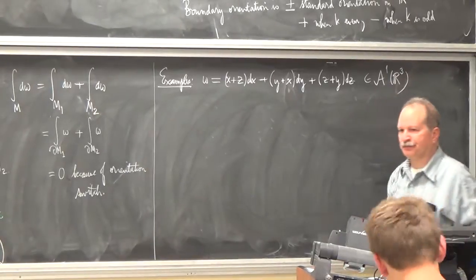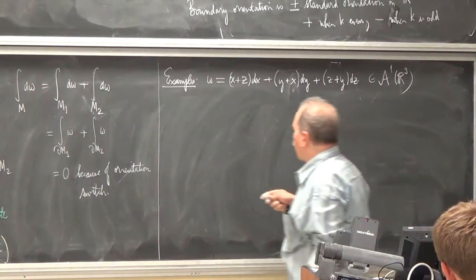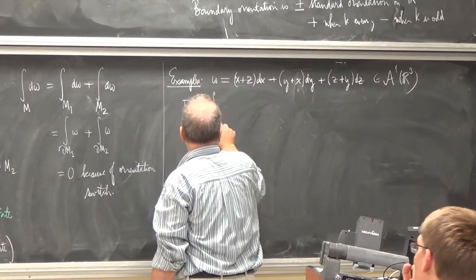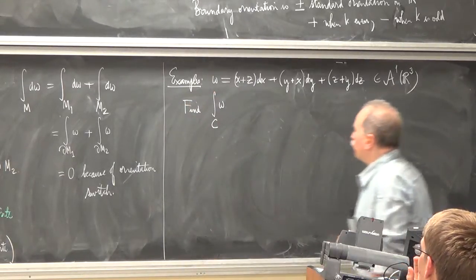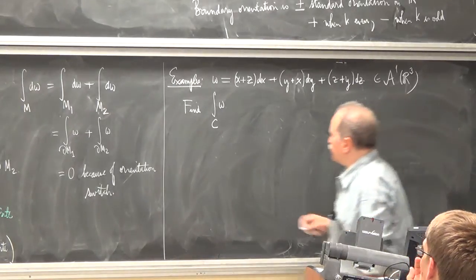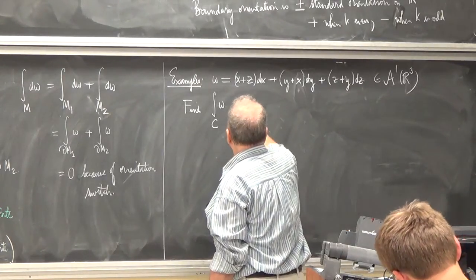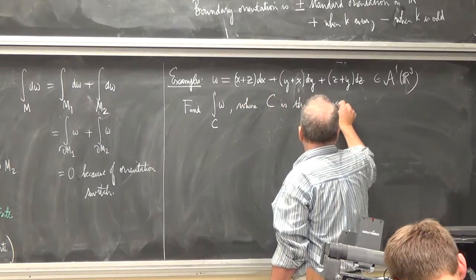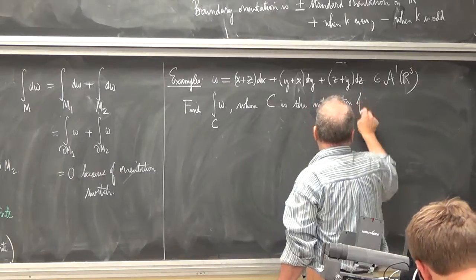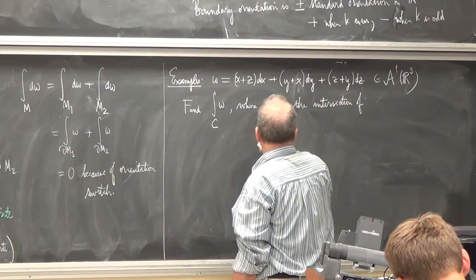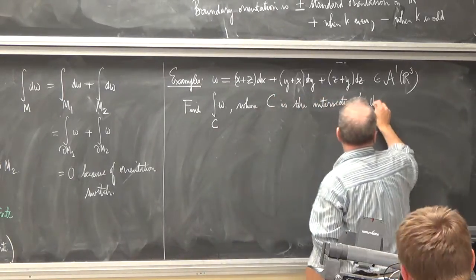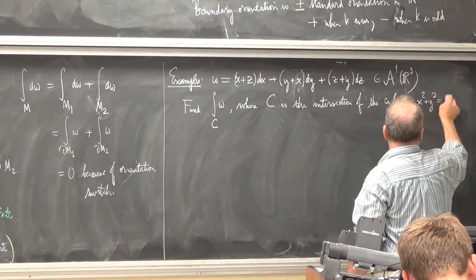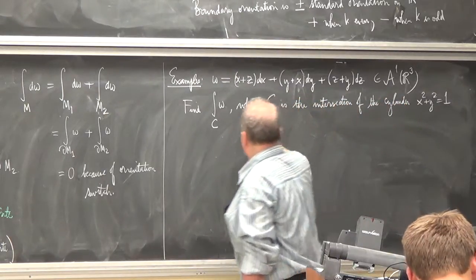No problem. But in R3, I want to imagine that I want to integrate it over a curve C, where C is the intersection of the cylinder x squared plus y squared equals 1, and did I actually put anything in my notes?